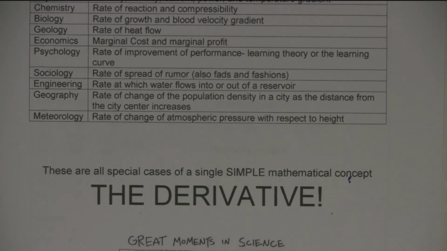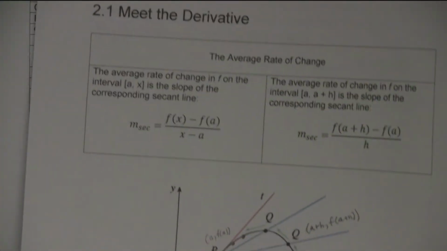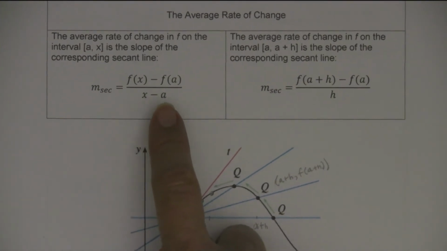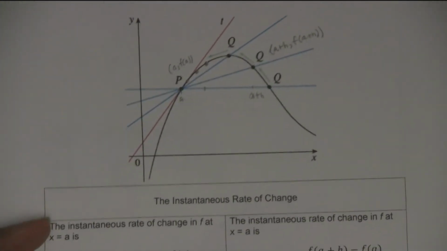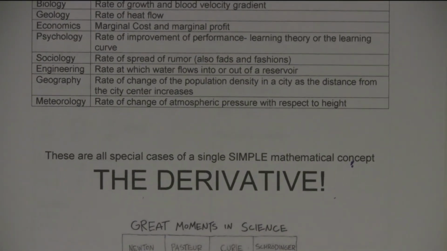If you're thinking that they went back and started talking about things from chapter 1, the slope of the secant line and the slope of the tangent line, well, the derivative is just the slope of the tangent line.